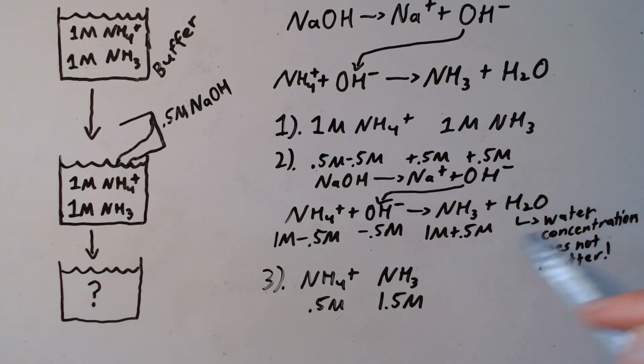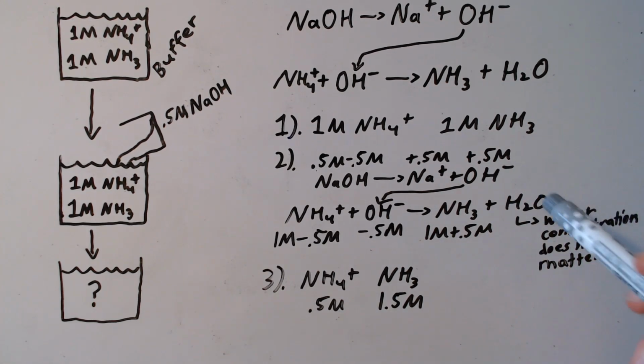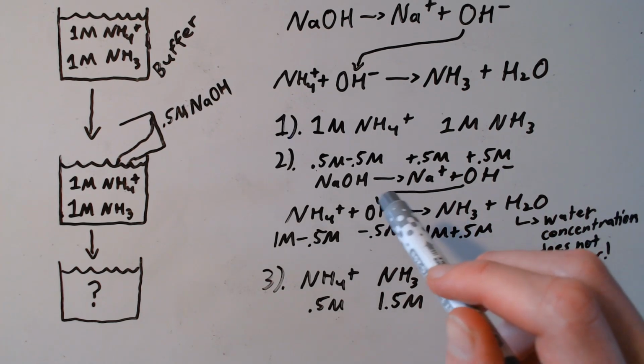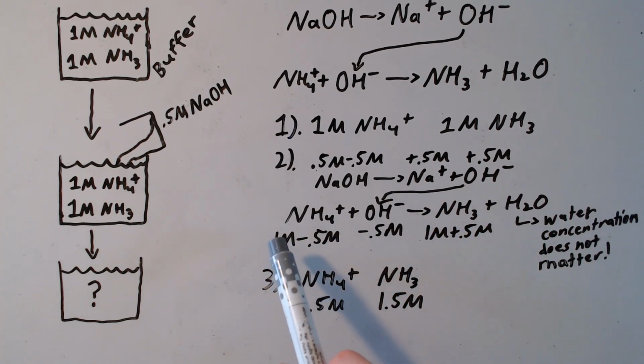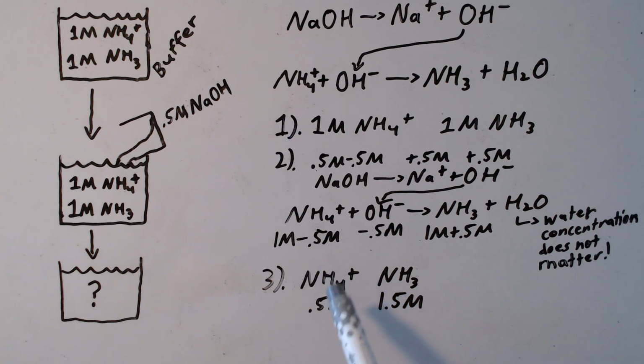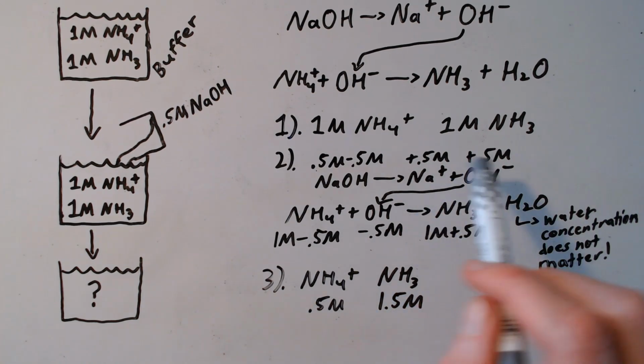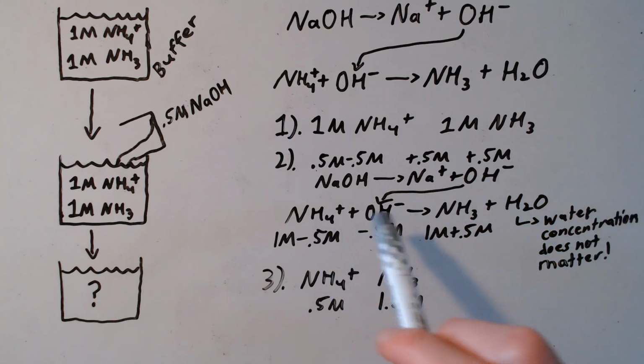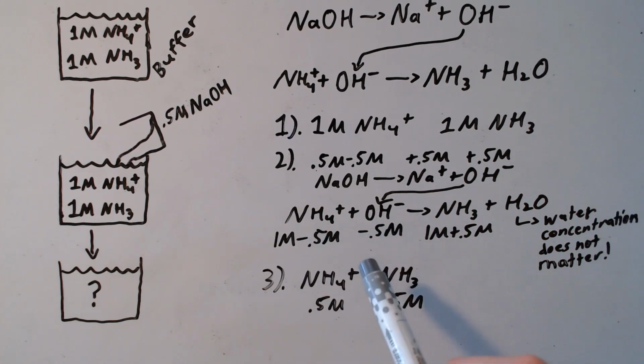And the concentration of water does not matter, remember that. So because of this, our change in concentration of NH4 plus gave us a final concentration of NH4 plus after this base was added and these OH minuses took in the necessary H pluses from the NH4 plus. We get 0.5 molar of NH4 plus at the end to 1.5 molar of NH3 at the end.